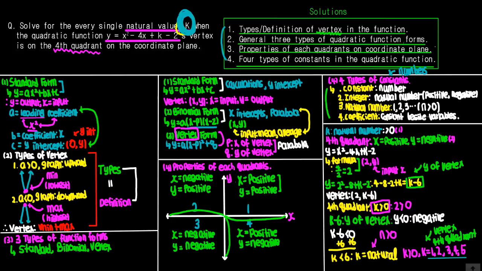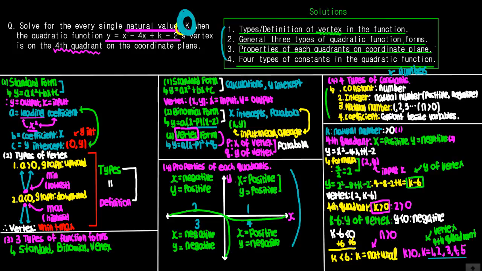Secondly, we talked about 3 types of function forms and their properties, and what each is optimized for. Thirdly, we talked about the quadrant, which is the most important thing, I guess, in this question: the signs of the x and y variables. And the last one was 4 types of constants in the quadratic function, and the differences between them.